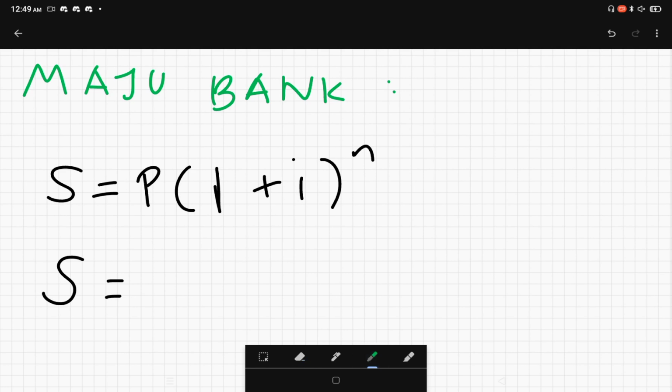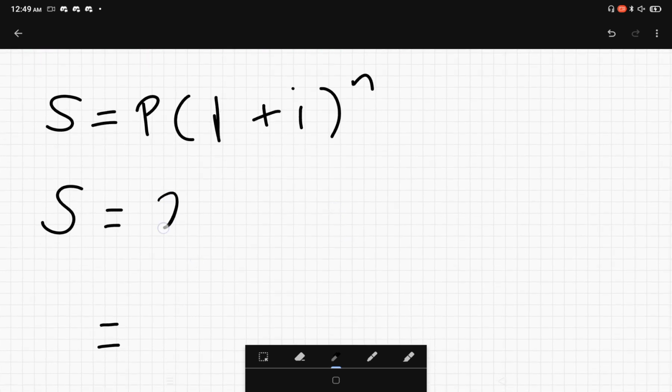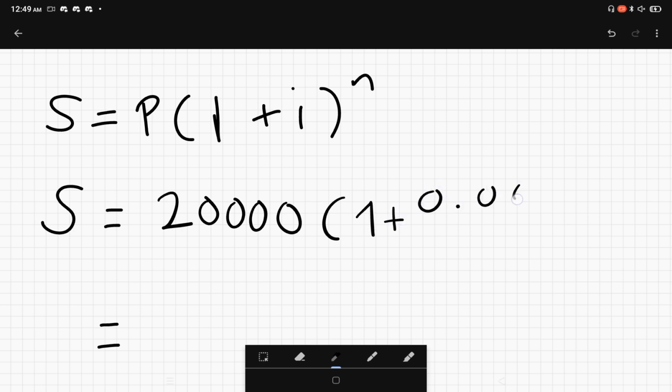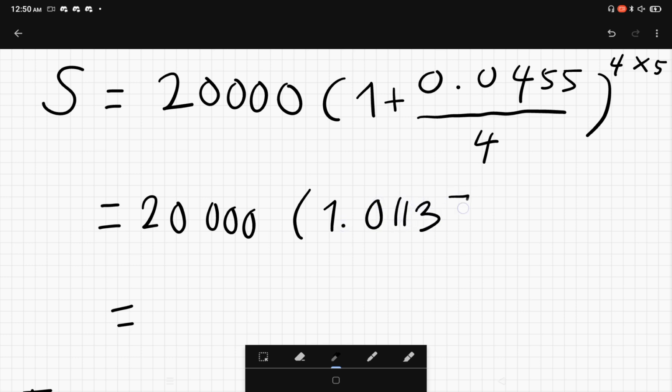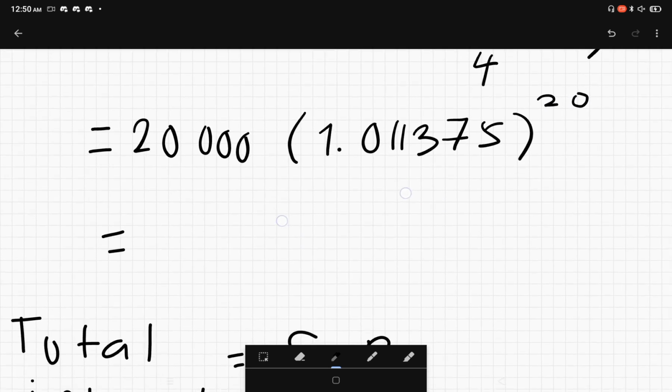So for the calculation, S equals 20,000, it's P, in bracket 1 plus 0.0455 divided by 4, in bracket the power of 4 times 5. So 20,000 ringgit in bracket 1.011375 the power of 20.